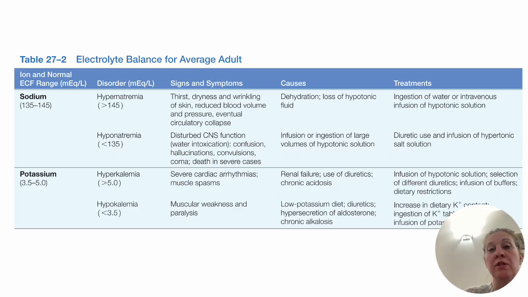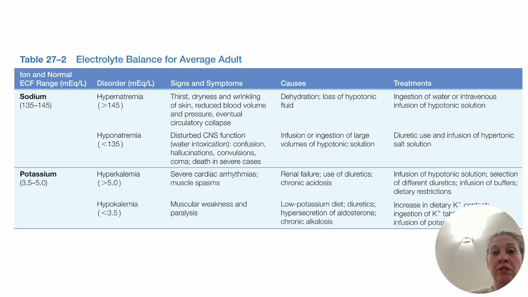So the treatments would be to increase your sodium intake, or decrease the sodium concentration by introducing more water, either by IV or just by drinking it. With potassium, hyperkalemia can result in very severe cardiac arrhythmias and muscle spasms. It's usually caused by things like renal failure or too many diuretics.